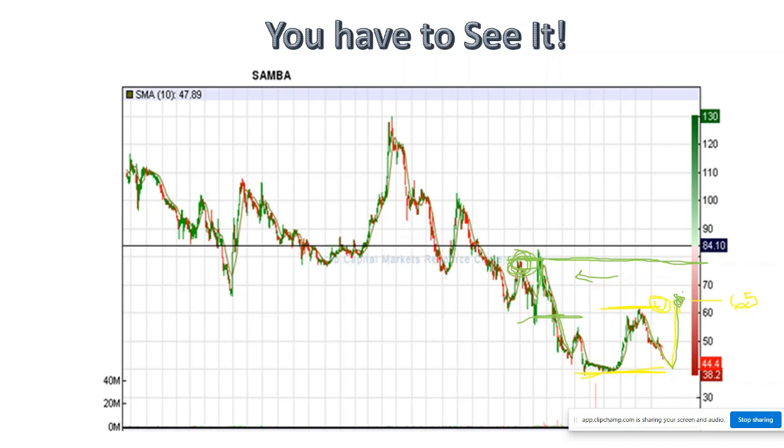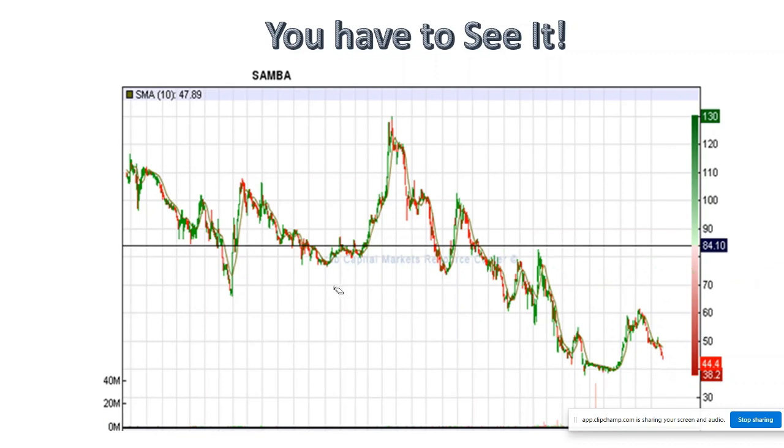So if this is your buy point, you could take your profits around 75 just to be careful, just to be safe. How do you know where you're taking your profits? Because of what it did back here. See what I'm saying? It's human behavior, ladies and gentlemen. Same thing. It's the same thing.